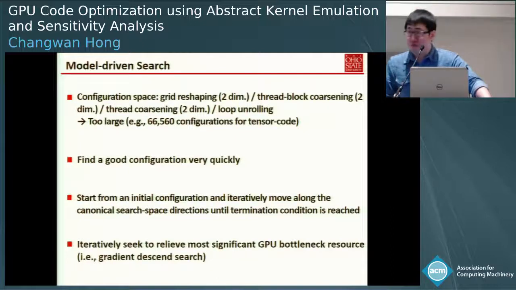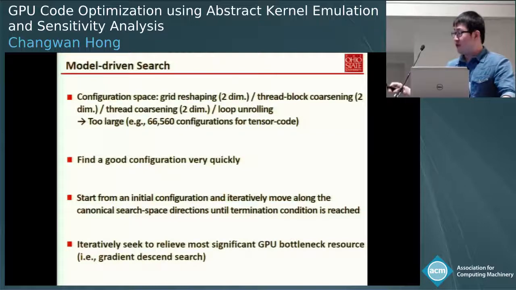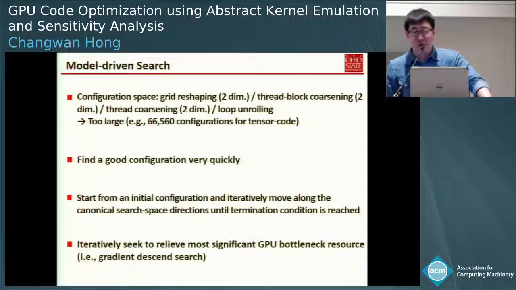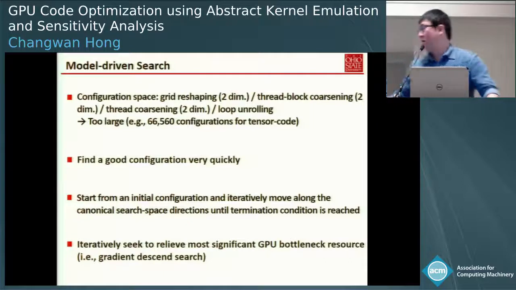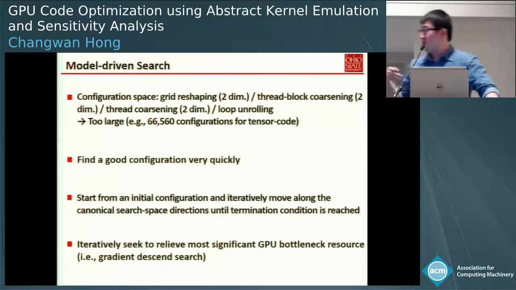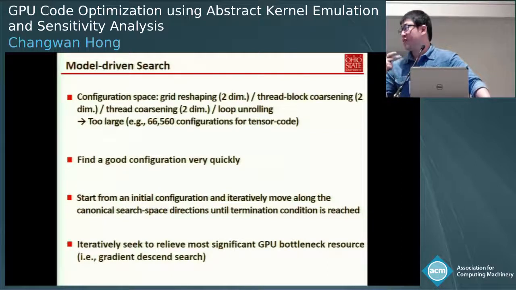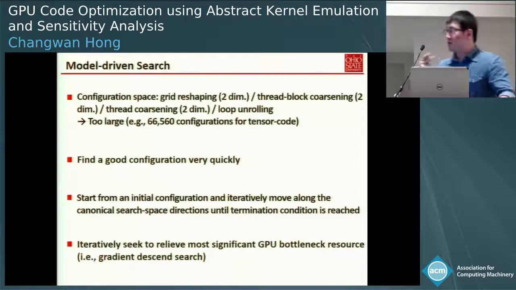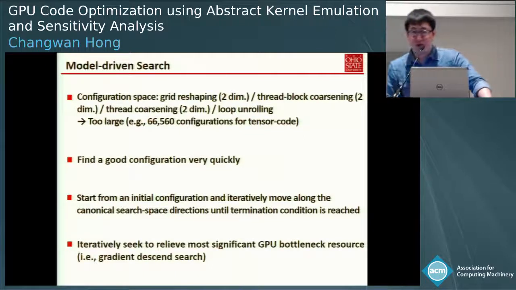The key idea behind this search is to start from an initial configuration and iteratively move along the canonical search space by either doing grid reshaping, thread block coarsening, or unrolling until a termination condition is reached. Also, model-driven search iteratively seeks to relieve the most significant GPU bottleneck resource, like gradient descent search.